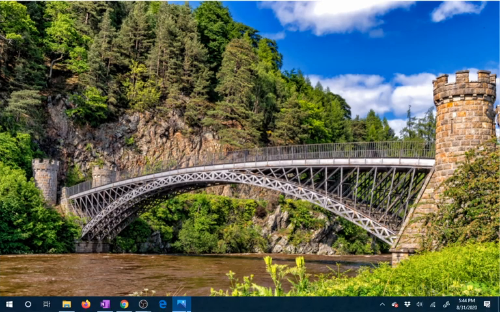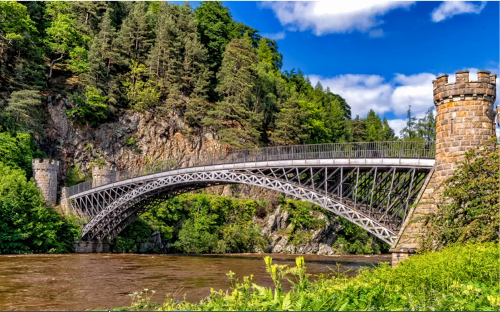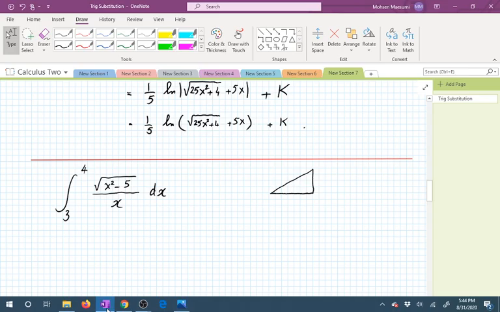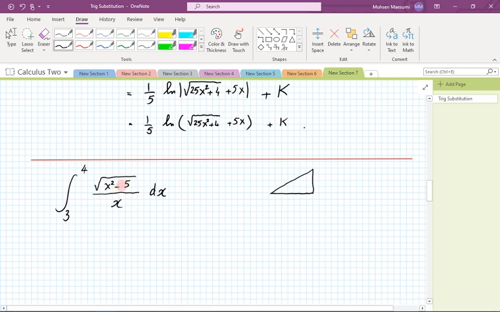Hopefully by the end of this lecture it is going to be immediate to you. If you are taking a difference, then the first one has to be your hypotenuse and the other one has to be the square of one of the legs. So x has to be this, and the square root of 5 can be either of these legs.